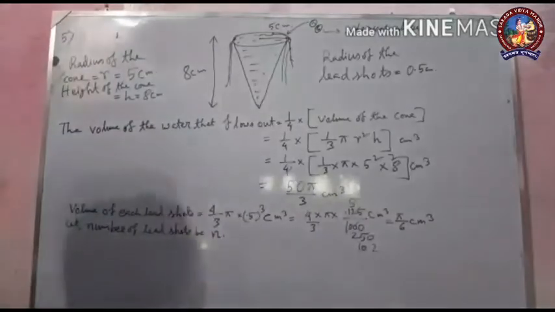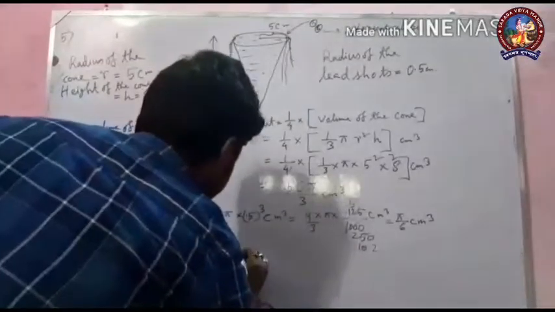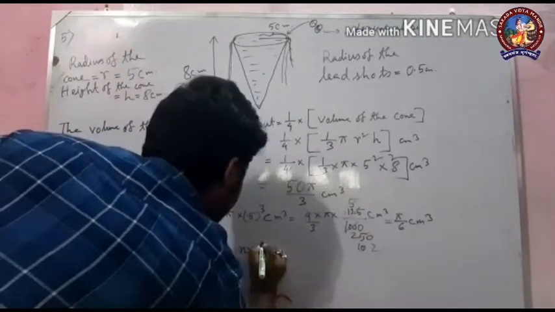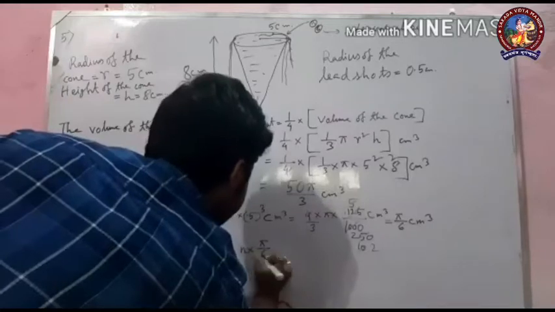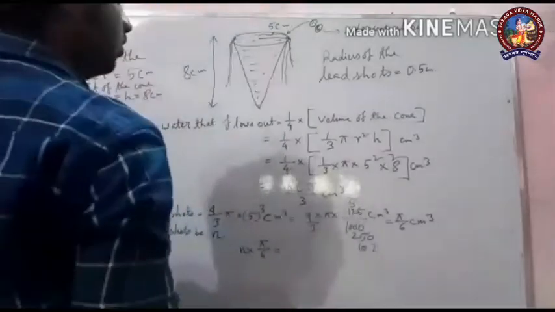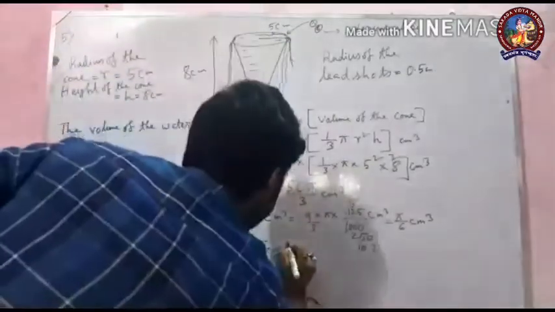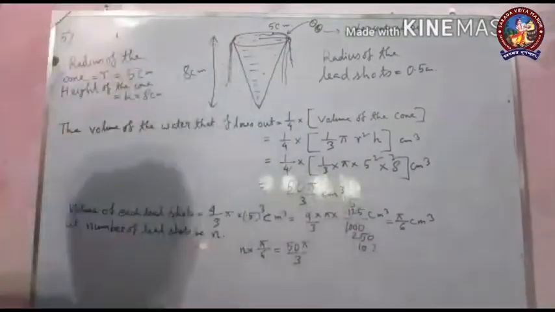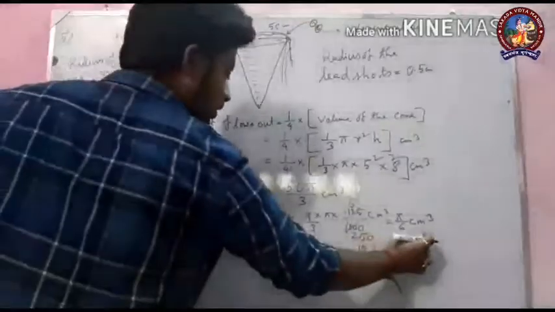So according to the question, n into pi by 6 will be equal to 50 pi by 3, because this is the volume of one lead shot.